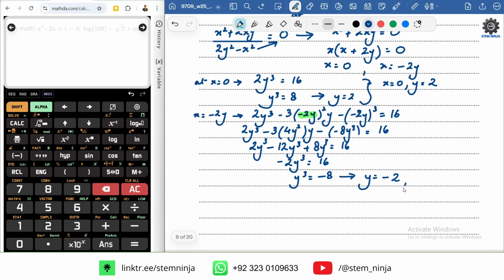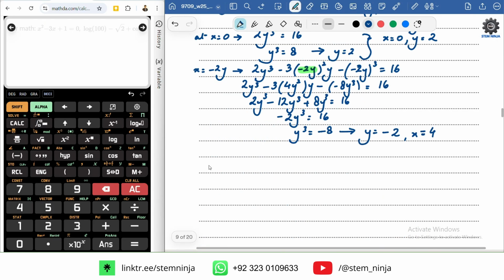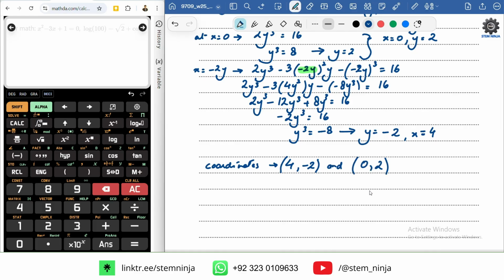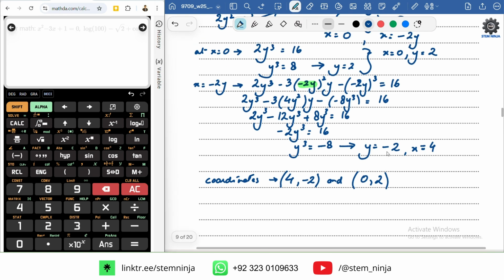Therefore x would be minus 2 times that, so that would be just 4. So the necessary coordinates are (4, minus 2) and (0, 2). Right, okay, let's move on to the next question.